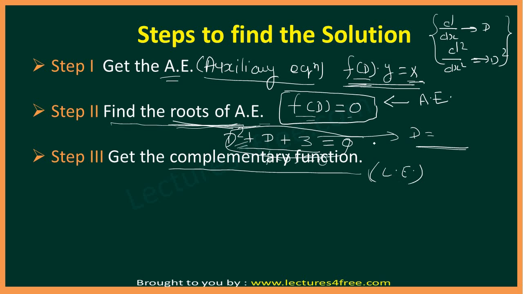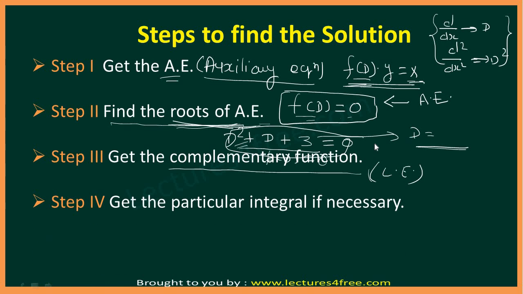Now the next step is to get the particular integral if necessary. As I mentioned earlier, for an equation like f(D) y = 0, if capital X is 0, then the particular integral will be 0, so we don't need to calculate it.